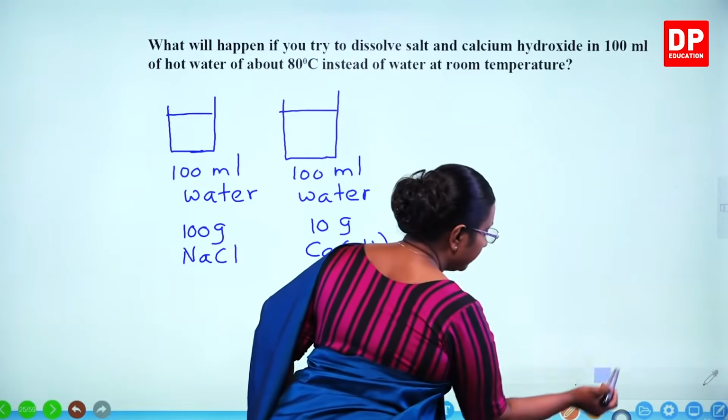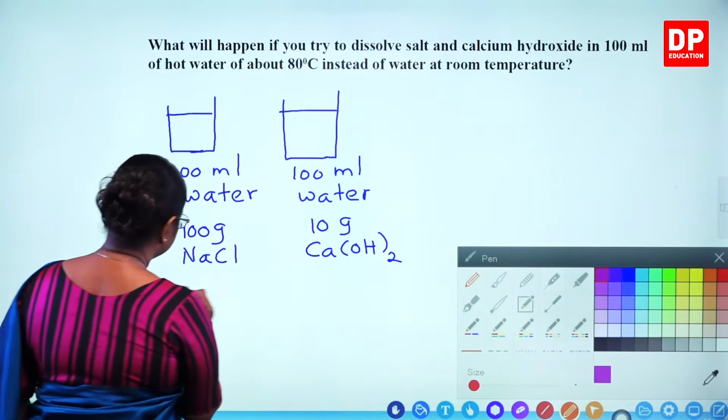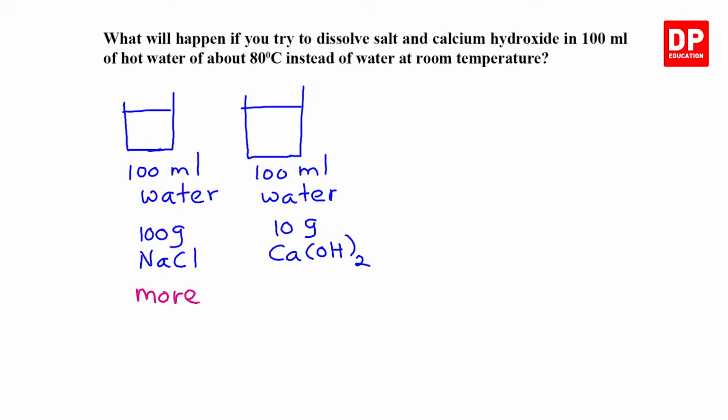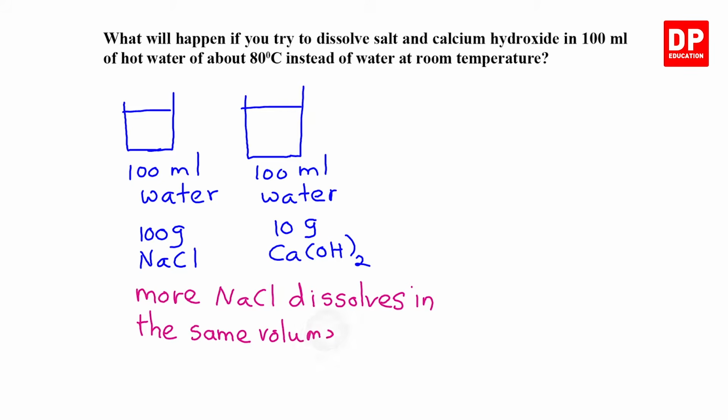So, if I write the conclusion here, more sodium chloride dissolves in the same volume of water than calcium hydroxide. So, that is one conclusion.